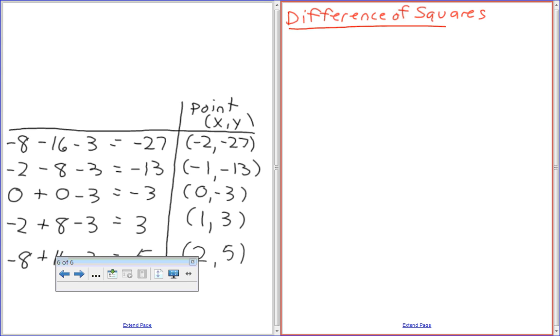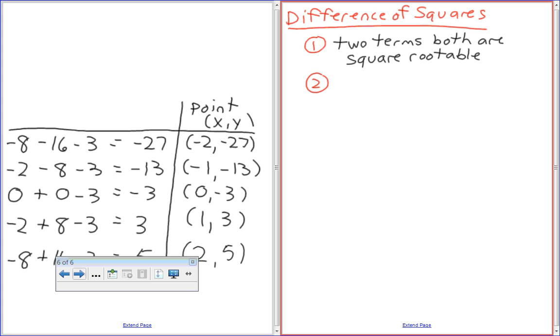Okay, you need 3 things to be a difference of squares. One, you need to have 2 terms, both are square rootable. Two, you have to have no x term.